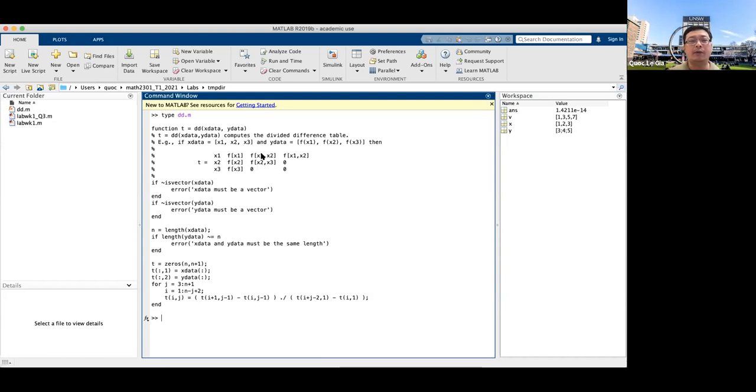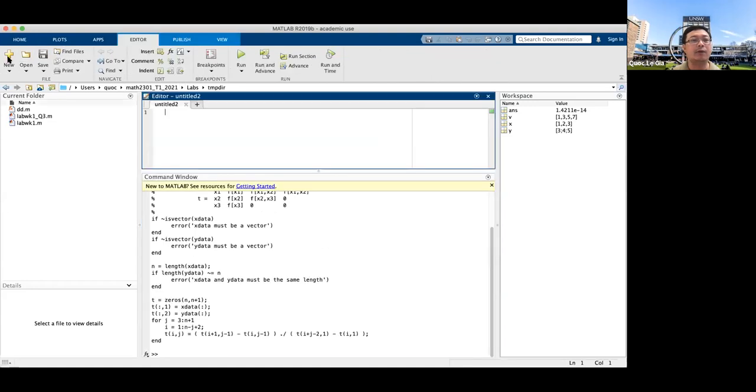Suppose you want to compute the divided difference coefficient for x1 and x2, then you just take the difference f(x2) minus f(x1), divided by x2 minus x1, and so on. So this is the implementation, and now we will use it for our problem.